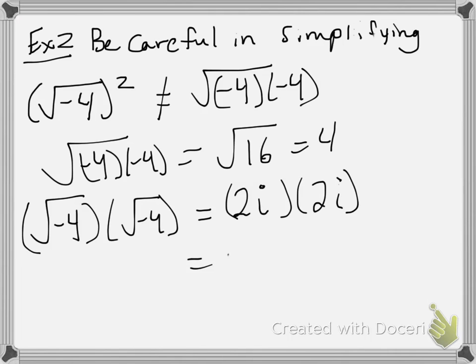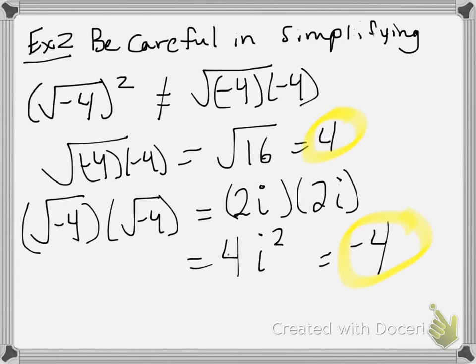So we can multiply our 2 times 2, which is 4. The i times i gives us i squared, which we'll get to in a little bit. But basically i squared is going to be negative 1. So this would give us negative 4 is what that would simplify to. But negative 4 is not the same as that positive 4 up there. So be careful with simplifying.